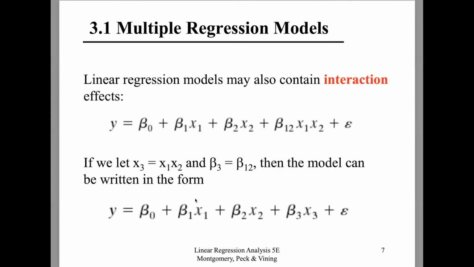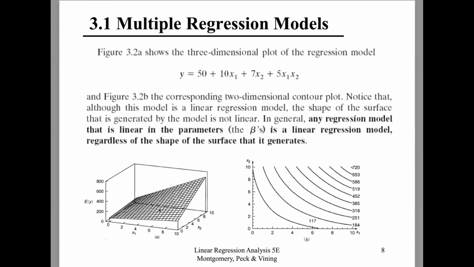All right, and so if we had just x1 and x2 in the model and did not have that product term, then we would have a plane like we saw in the previous example. But the inclusion of this product term, x1 and x2, is inducing a twist to that response surface, to that plane. And so now it's more general than the plane that we started with.